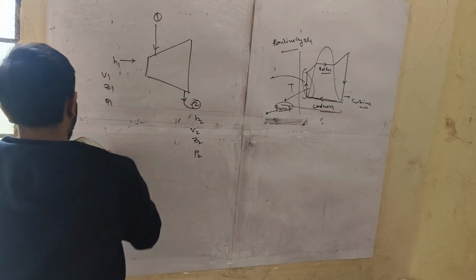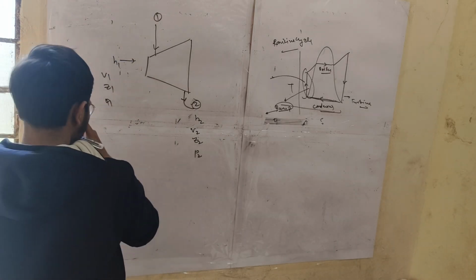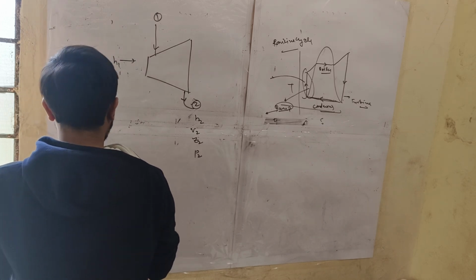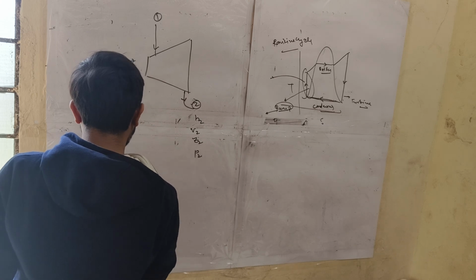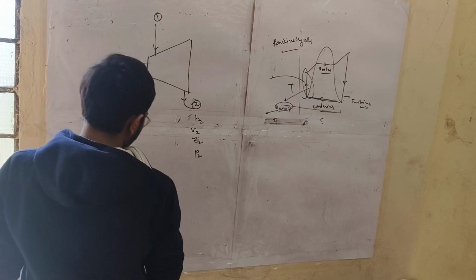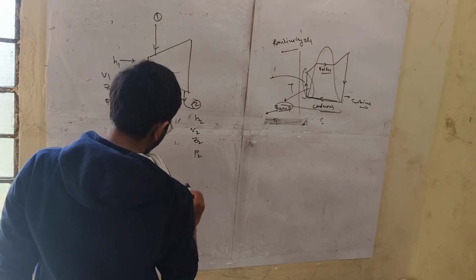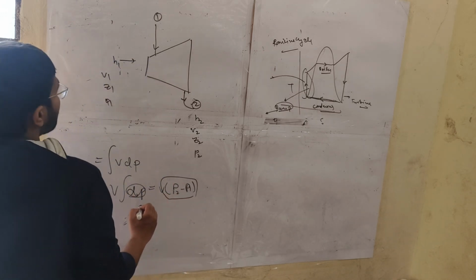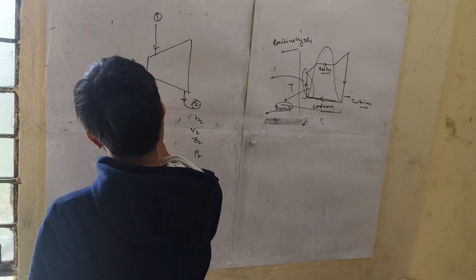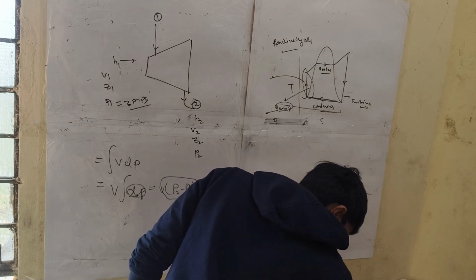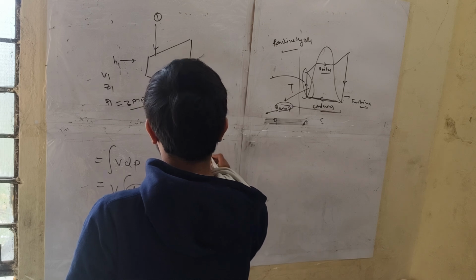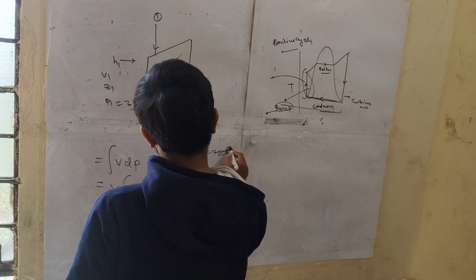It is a simple formula to find the specific work of this pump. V del P. Okay. V del P. So in this case, P2 minus P1. Easily you can write that P1 is 3 megapascal. P2 is what? 70 megapascal.